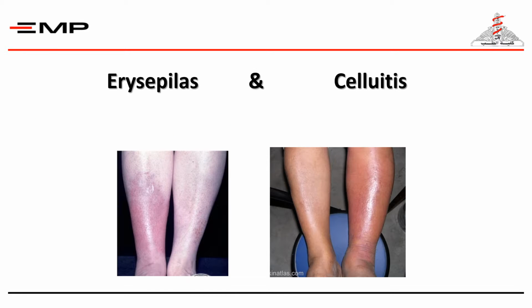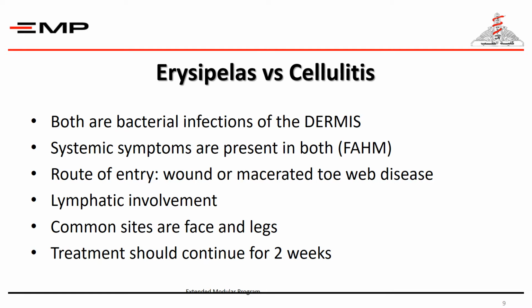Now we are going to move to very common conditions that you are going to encounter in many specializations as general practitioners, which are erysipelas and cellulitis. Erysipelas and cellulitis both are bacterial infections of the dermis. The systemic symptoms are present in both conditions, presenting as fever, anorexia, headache, and malaise.